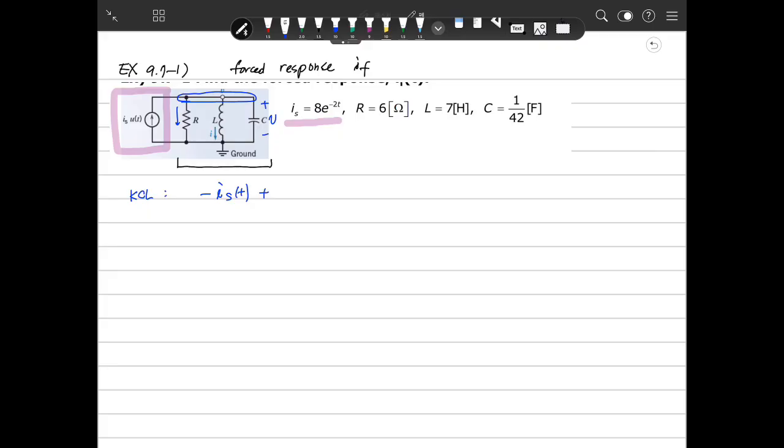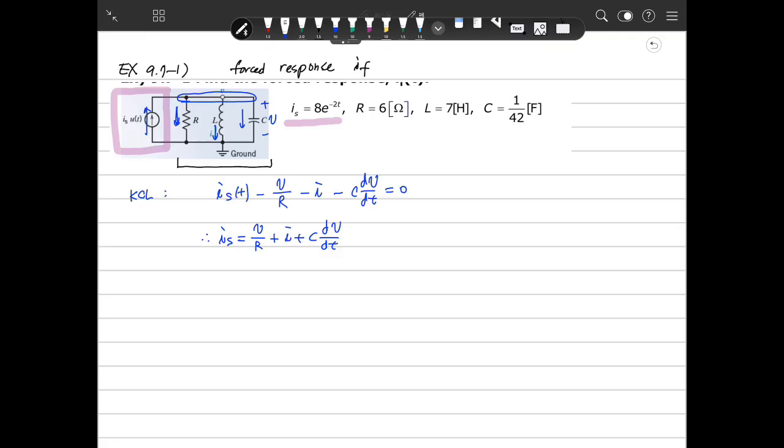This current is plus because it is going up here, and this current goes out from here, minus v over R, and current i, and this current is C dv/dt, equal to 0. Therefore, it is the same as v over R plus i plus C dv/dt.